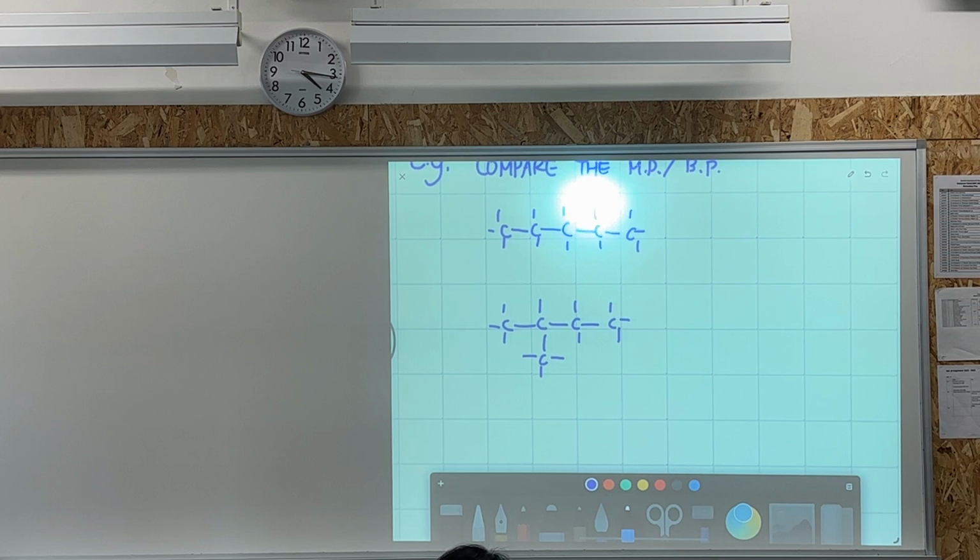What is the general formula of alkane again? CnH2n+2. When you plug 5 into n, what do you get? C5H12.